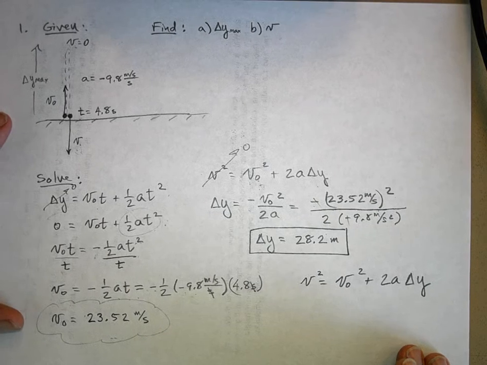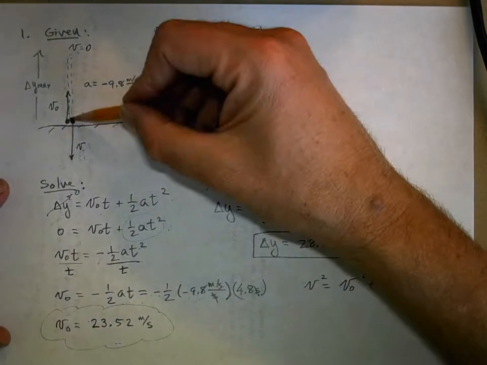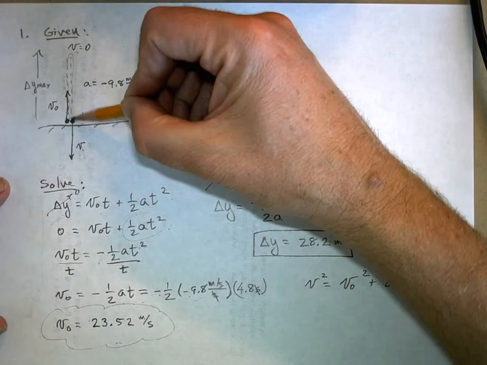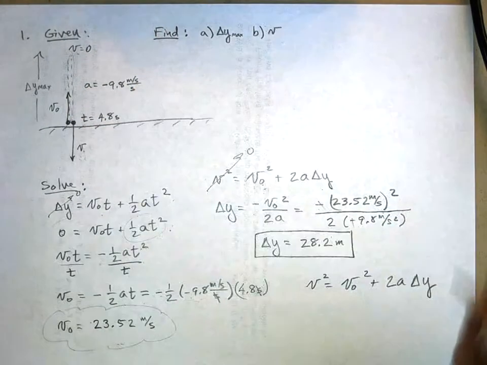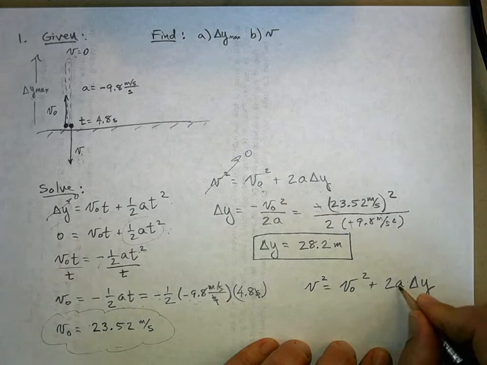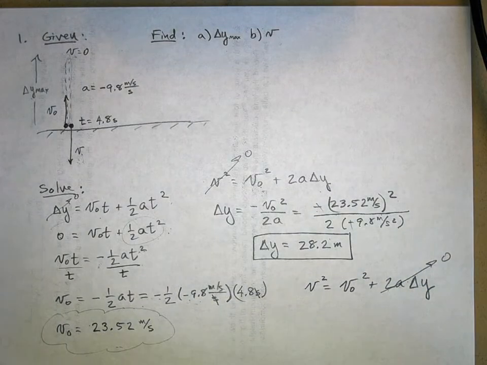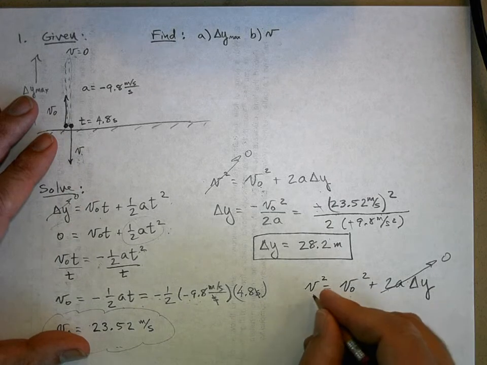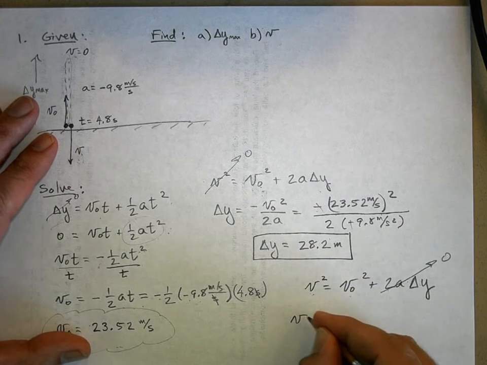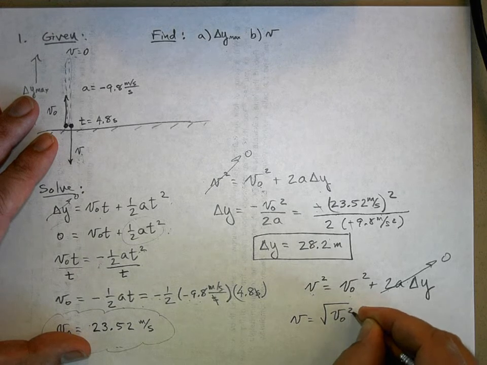But now we're doing it for the whole thing. Well, what is delta y for the whole thing? It is 0. So this whole term, 2 times a times delta y, this whole thing is 0. And so now we can solve for v. So v is equal to the square root of v naught squared.